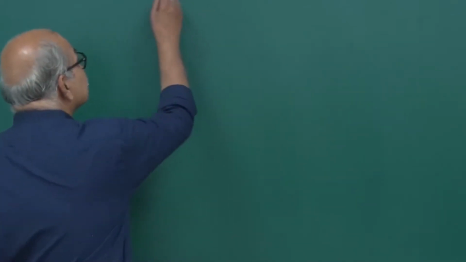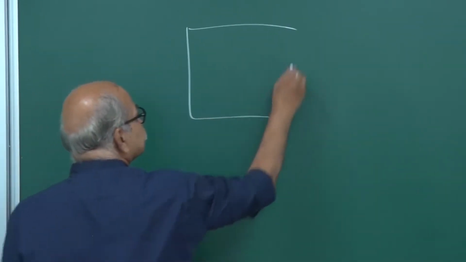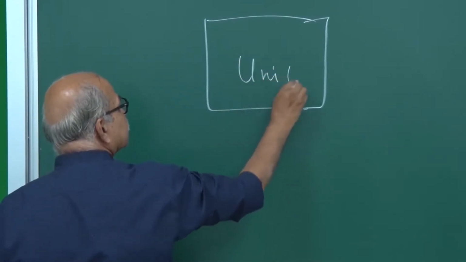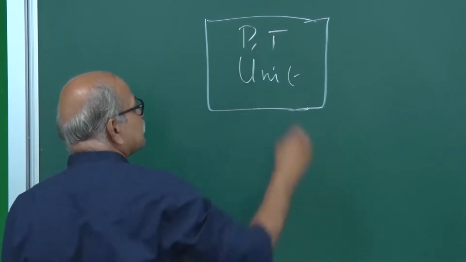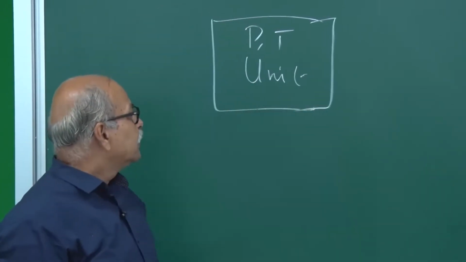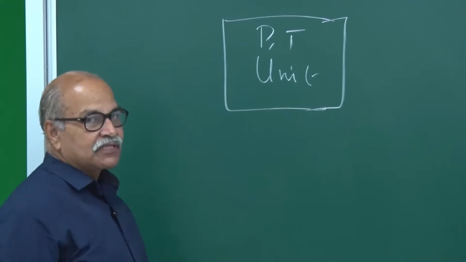Suppose I have this unit here, this is our unit, and in this unit we have some pressure and we have some temperature, and some processing is going on, and pressure is building and temperature is building.